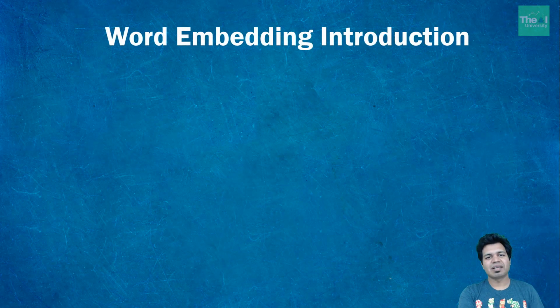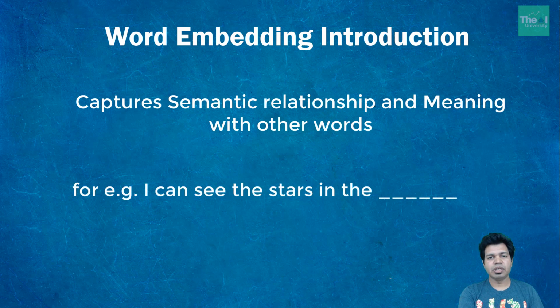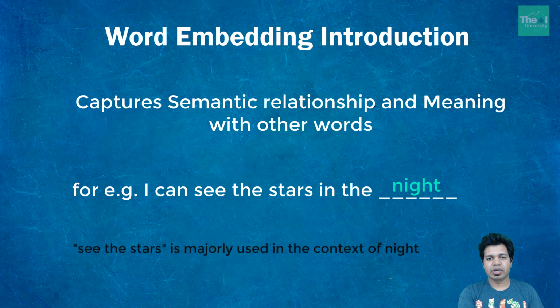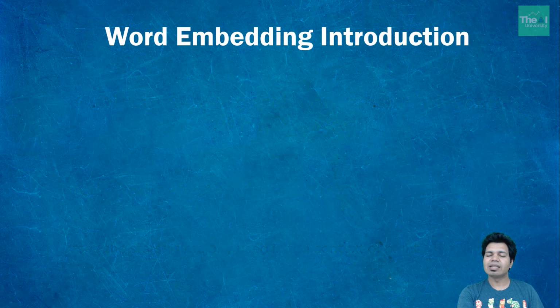So word embeddings allow you to encode words in such a way that their semantic relationship and meaning with other words are captured. Word embeddings are generally generated using a machine learning model, which can typically be an unsupervised learning model, which looks at the patterns of the words it has been fed in the past.